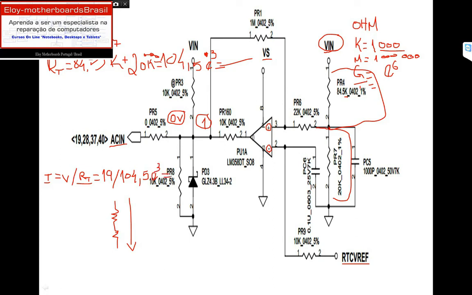Let me just use my handy calculator, not the Windows one. 19 divided by 104.5 exponential 3.